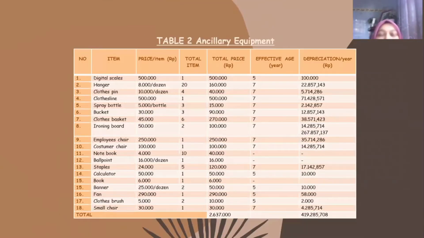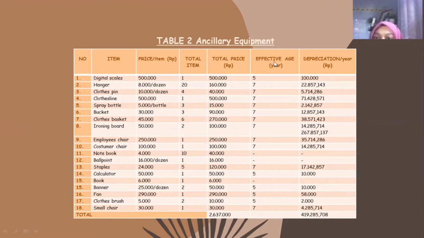And for the second table about ancillary equipment, we have some items, price of every item, total item, and total price. We get 2,637,000 rupiahs.